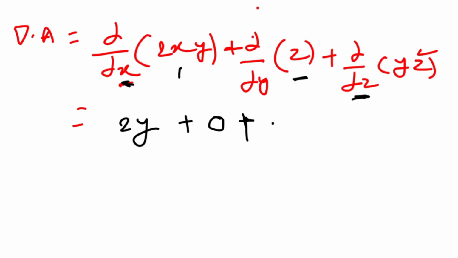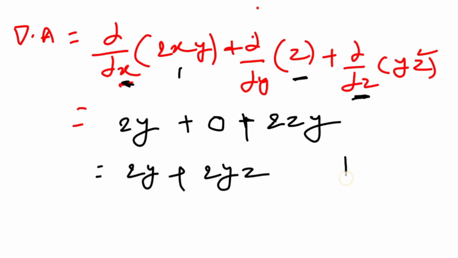That is, 2y. Then yz square, what becomes? 2zy. That equals 2y plus 2yz.